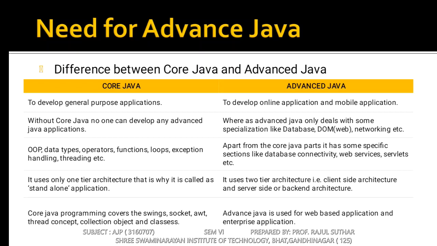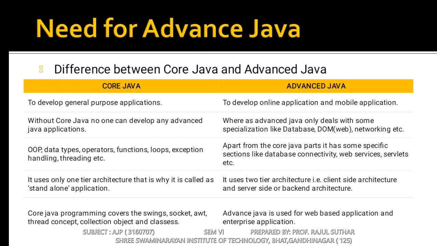Second, without core Java, no one can develop any advanced application of Java. While using advanced Java instead of core Java, it only deals with some specializations like database, document object model for the web, and networking.